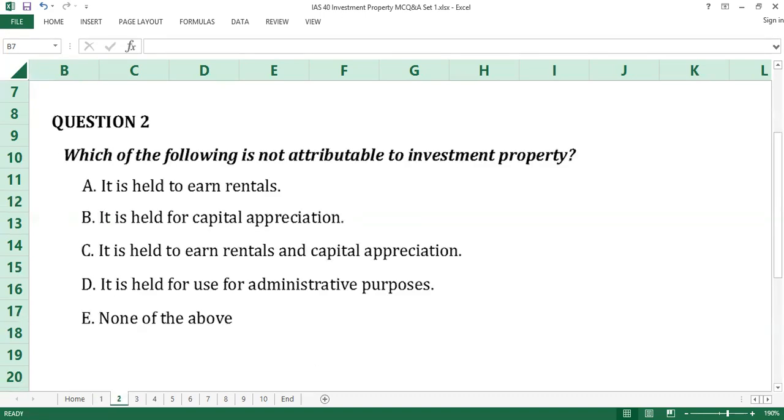Question number 2. Which of the following is not attributable to investment property? A. It is held to earn rentals. B. It is held for capital appreciation. C. It is held to earn rentals and capital appreciation. D. It is held for use for administrative purposes. E. None of the above. Time counts.